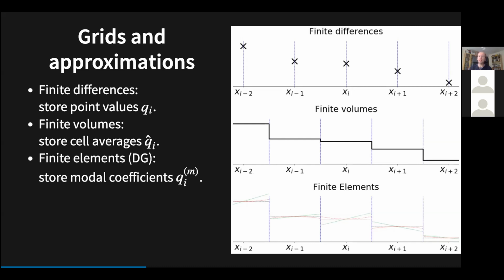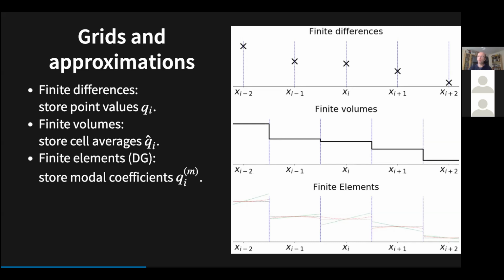So at each grid point, we're going to store the value of the solution at this point. So we're either going to say that we know this value because it's given by the initial data or we've previously computed it, or alternatively that we want to compute the value at that point.